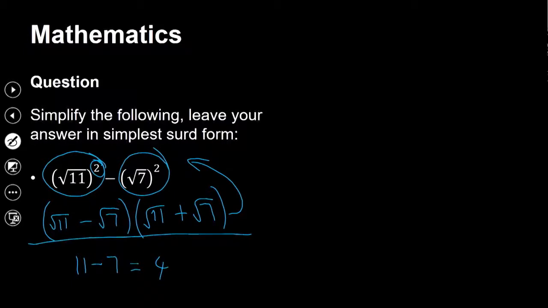But even if you use this FOIL method, now that I'm busy doing this, I'm thinking it can actually give me the answer, but let me show you what I mean. So this can be square root of 11 multiplied by square root of 11 will just be 11, and square root of 11 multiplied by square root of 7 will be plus the square root of 7 multiplied by 11, and then the other one will be minus the square root of 7 multiplied by 11, and then square root of 7 multiplied by square root of 7 will be negative 7.